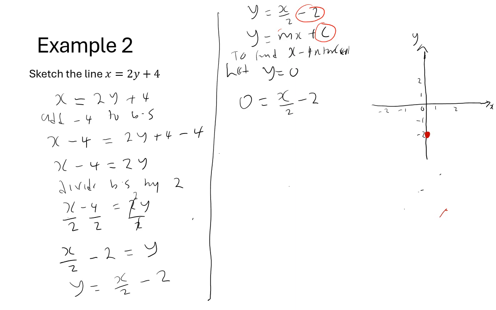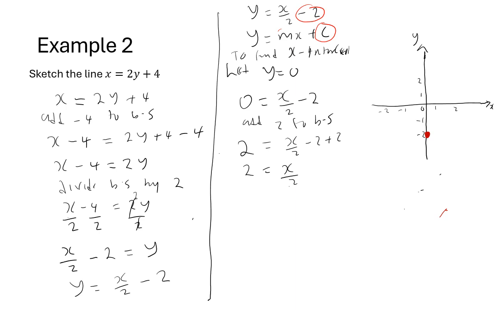But we want to find x, so let's just add 2 to both sides. Since we have minus 2 here, 2 plus 0 is 2, and x over 2 minus 2 plus 2 is just x over 2.